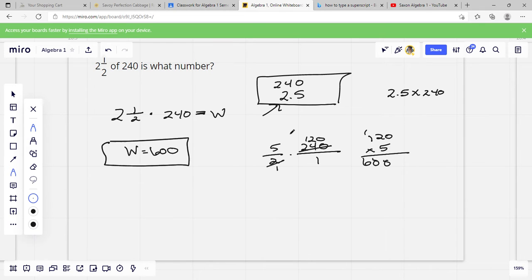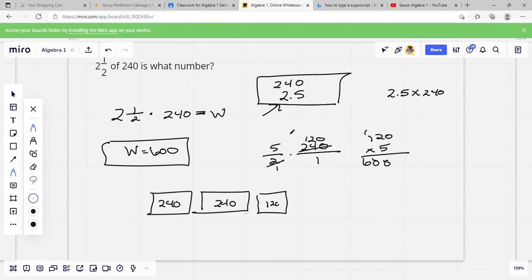Now, if we think about this logically, 2.5 of 240 is what number? So if we had 240, there's 1. Here's another 1. And then a half. And half of 240 would be 120.